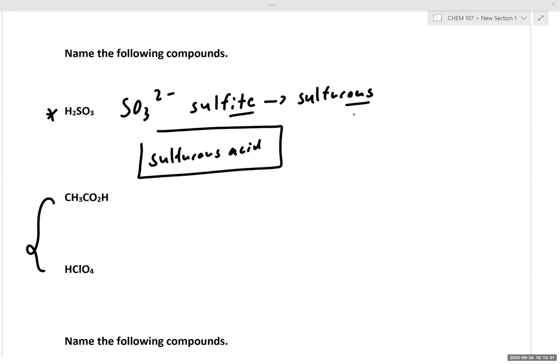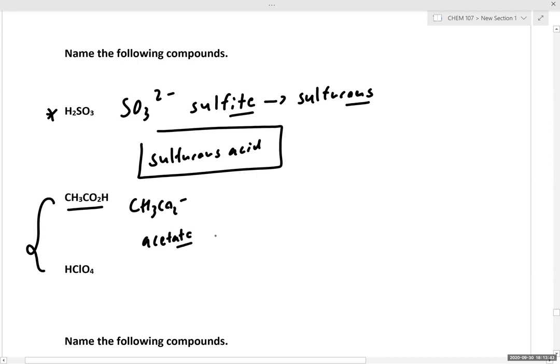Okay, so let's discuss these examples. CH3CO2H is derived from the base polyatomic ion of acetate. The ATE ending is changed to IC, and that gives us acetic acid.